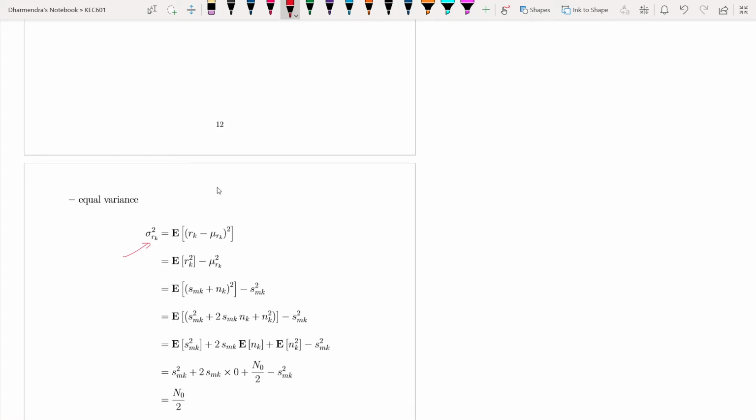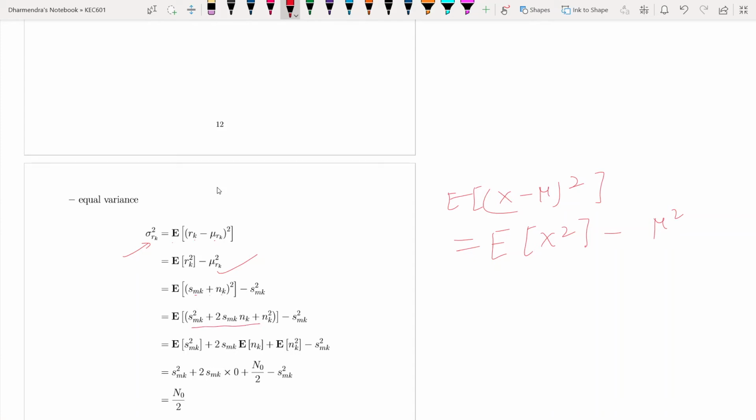Okay, let us calculate the variance. Sigma rk squared, I will calculate the expectation of rk minus mu rk, squared. I can also write it like this, because the variance can also be calculated like this. Using this, I'm writing this. Now substituting rk as smk plus nk squared, I will get this.